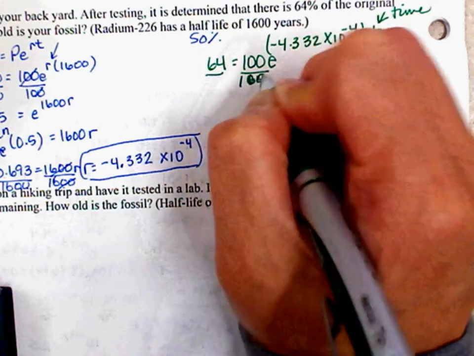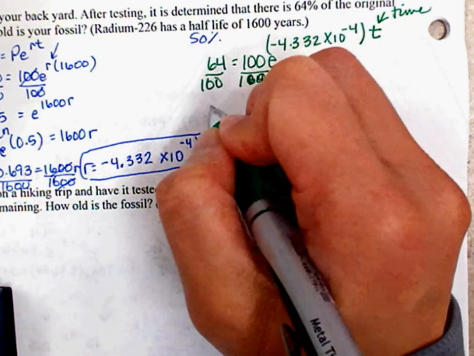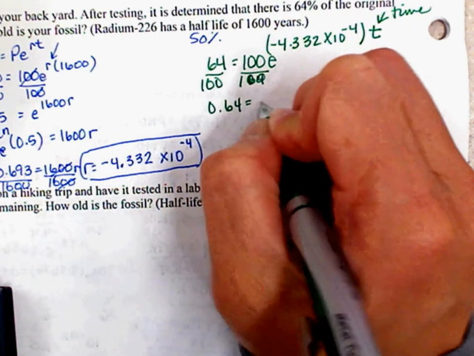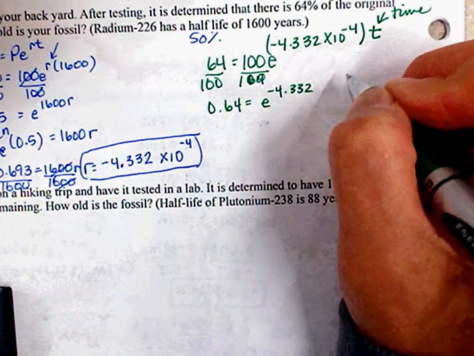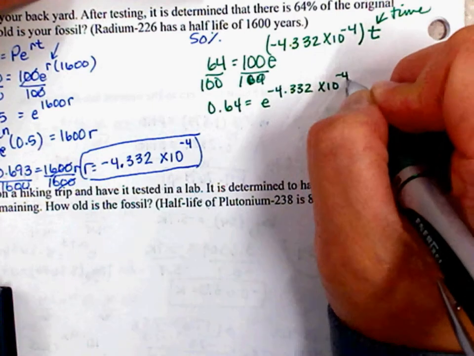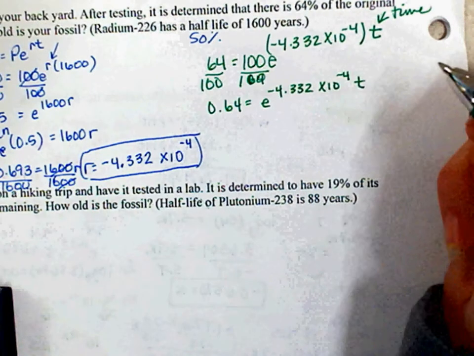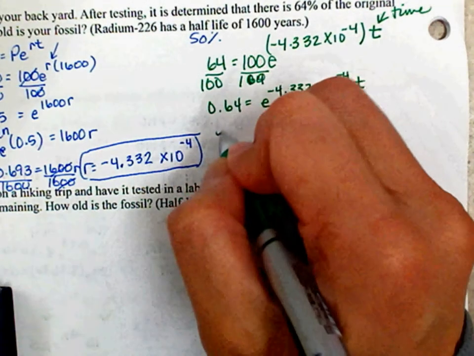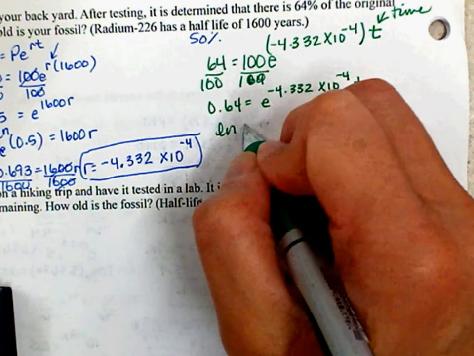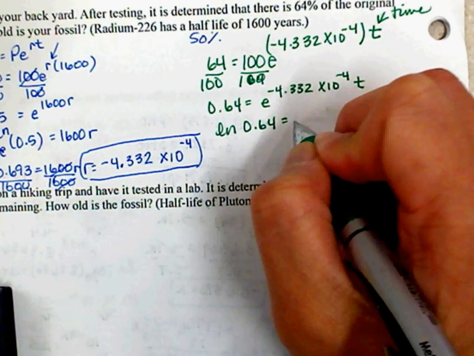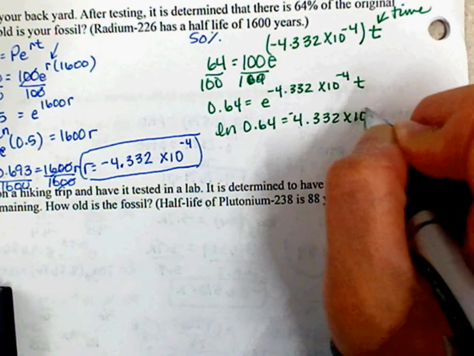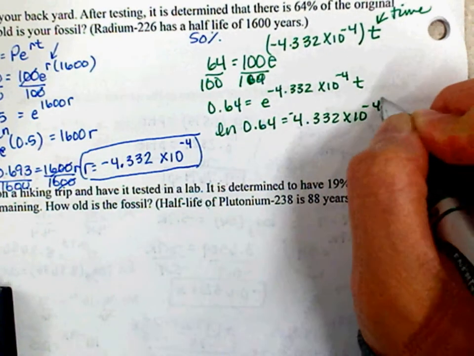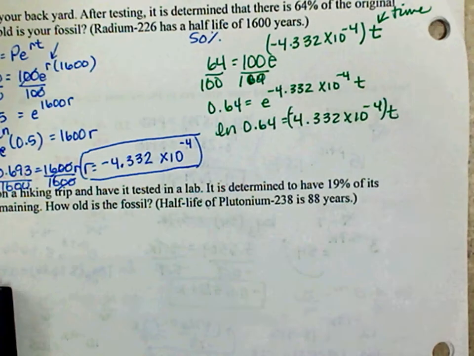Divide by 100. That leaves you 0.64 equals E raised to the negative 4.332 times 10 to the negative 4t. Okay? Rewrite it. So this will be natural log, because log base E of 0.64 equals negative 4.332 times 10 to the negative 4t. And if you need to put parentheses around it to help you better, that's fine.